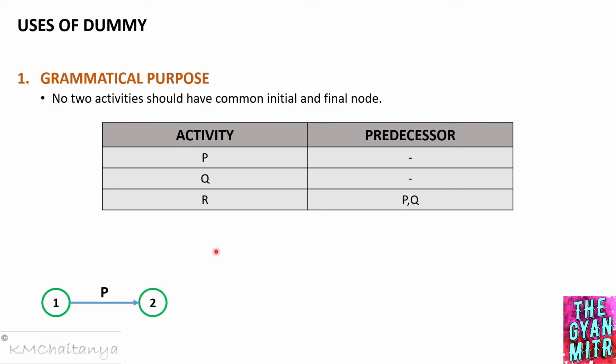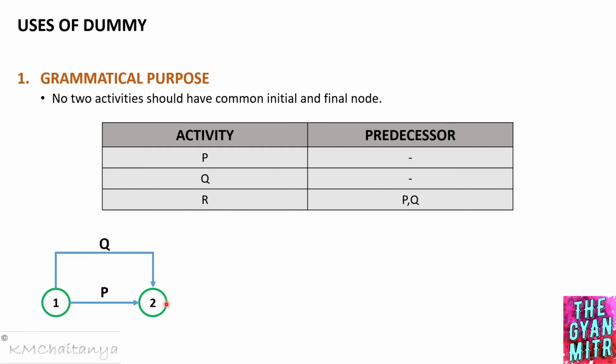You might wonder why I have drawn these two in this fashion. This is because our third activity, R, has predecessors P and Q. In order to draw activity R, both activities P and Q should be completed.